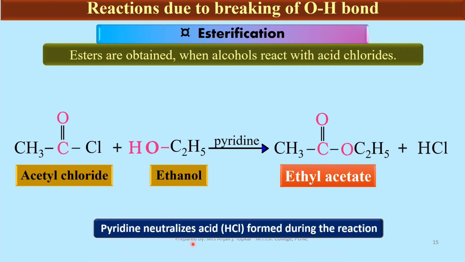Pyridine neutralizes the acid, that is HCl, formed during the reaction.